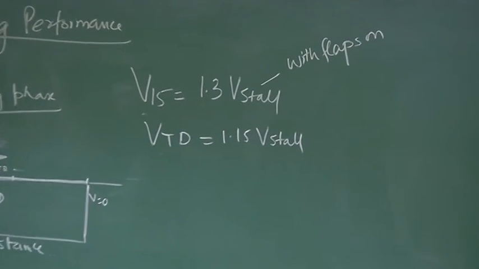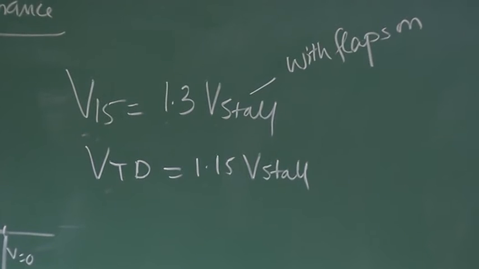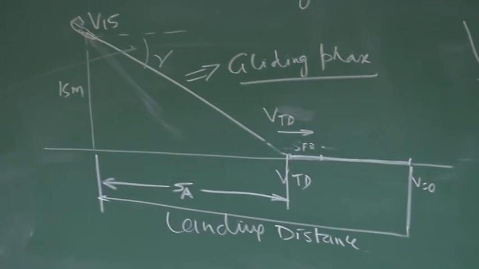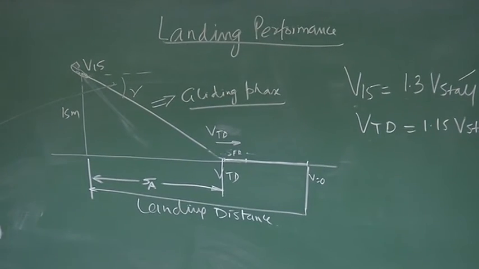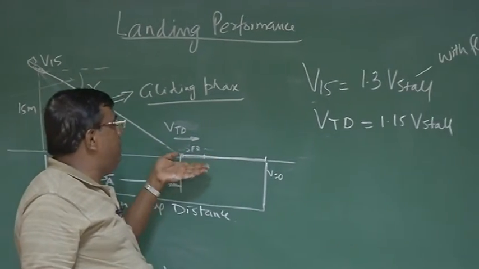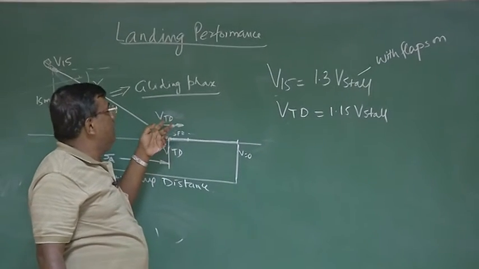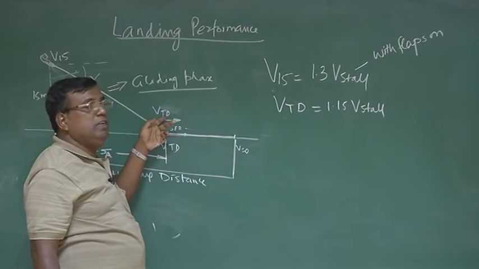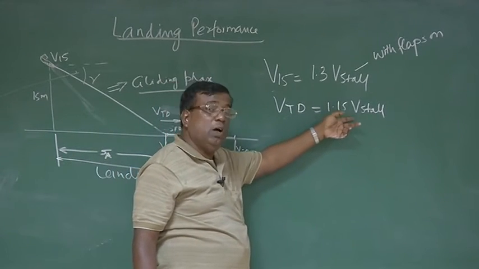Now we will calculate SA and other distances to calculate the whole landing distance. But you could see that conceptually nothing new we are doing. This part we know, gliding phase. This part is a flare. For 3 seconds it will be going at speed equal to V touchdown, which we know is 1.15 V stall.